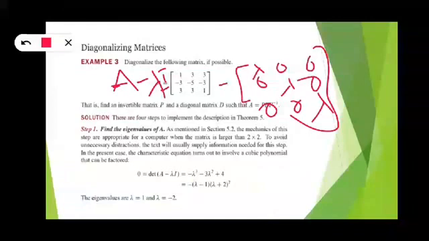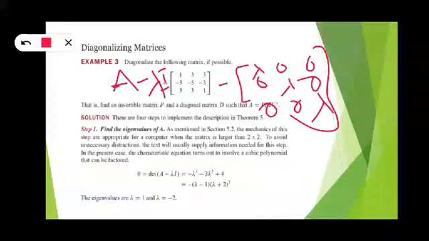We find out the determinant. What does the determinant become? 1 minus lambda into something. Just if we calculate this, finally we get minus lambda cube minus 3 lambda square plus 4.